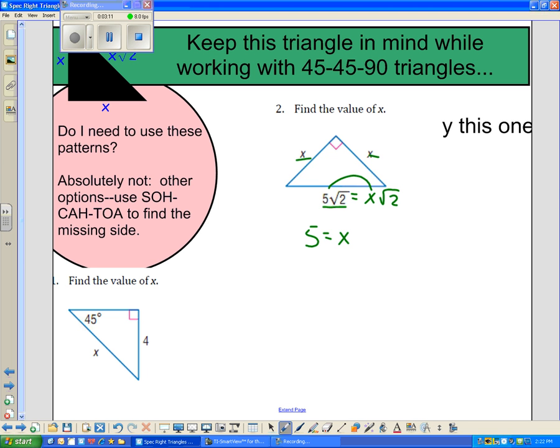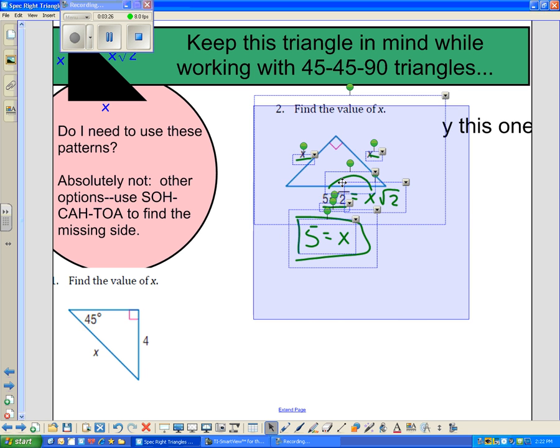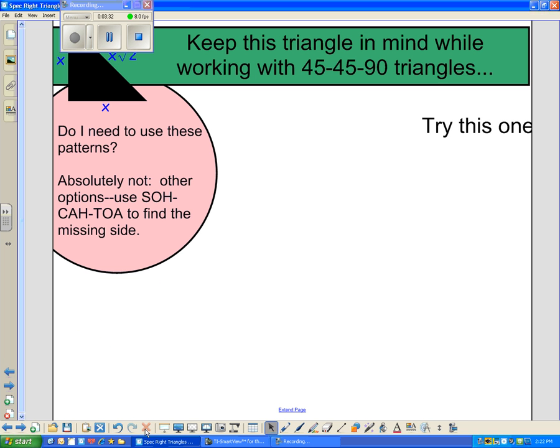So 5 is equal to x. Okay, and that gives me the missing side, or two sides in this case, since they are isosceles. So let's now look at number 3 and see if we can figure out that one.